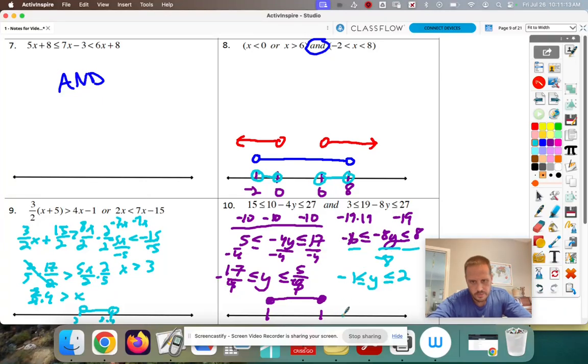And so here's -1, that's -5/4, so that's -1.25 to 2. -5/4, and this was -17/4. And if we're looking for the overlap of this and this, we get nothing.